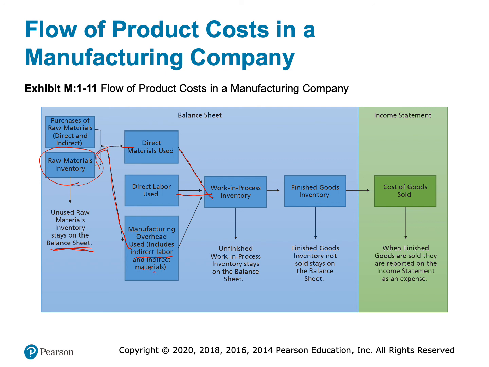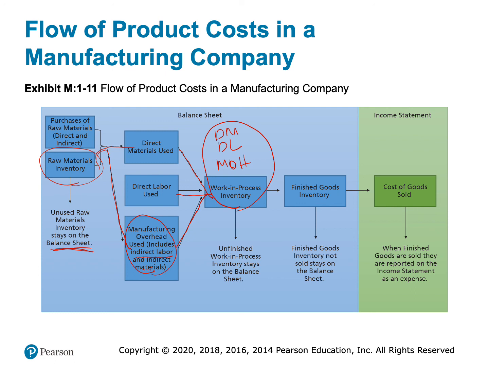Eventually, and we'll learn how to do this in a later chapter, we're going to take all these overhead costs and we're going to apply them to work in process. So here in work in process, we'll have our direct materials, our direct labor, and our overhead. They all come together in this giant work in process account.